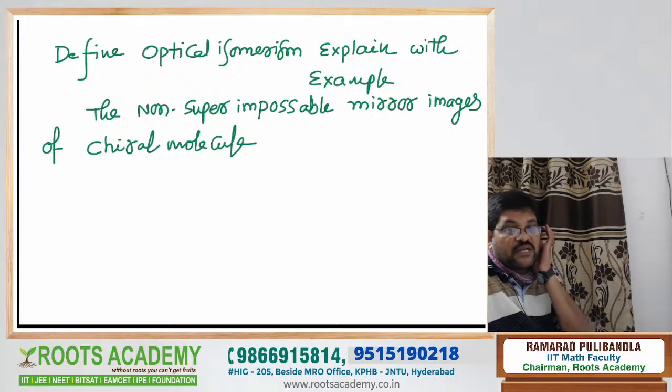What is the meaning of chiral? Chiral means a molecule with absence of the elements of symmetry.